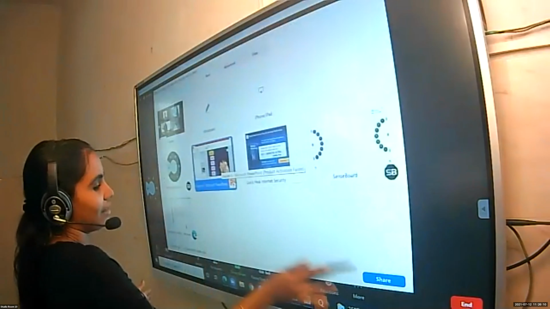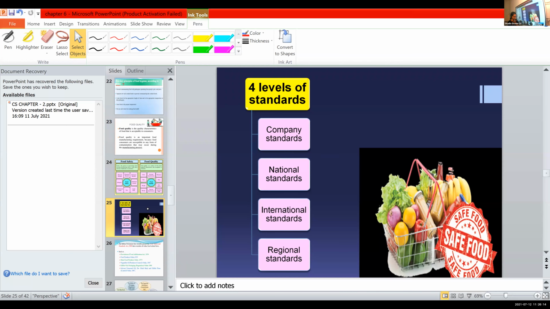Meghna, what about the last one? International standards. Who published these international standards? Like FSSAI, like that. There are certain organizations that put forward or help to set up these kinds of international food standards. Some difficult terms. Do you remember that?